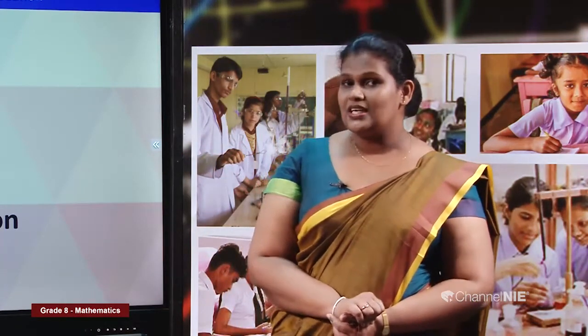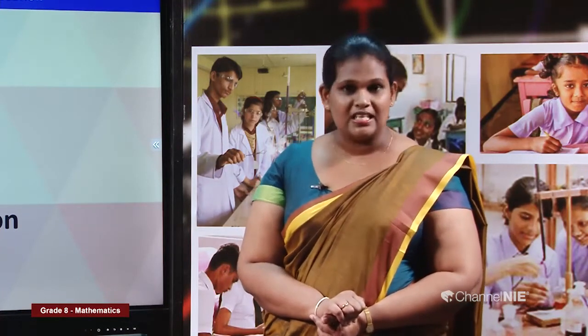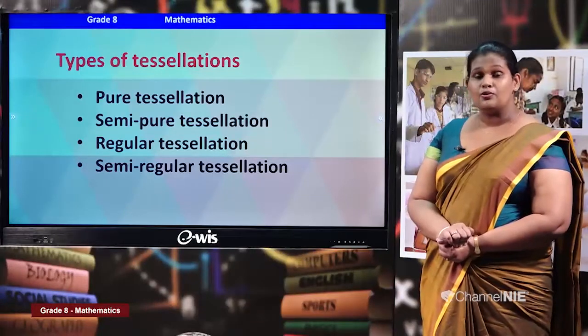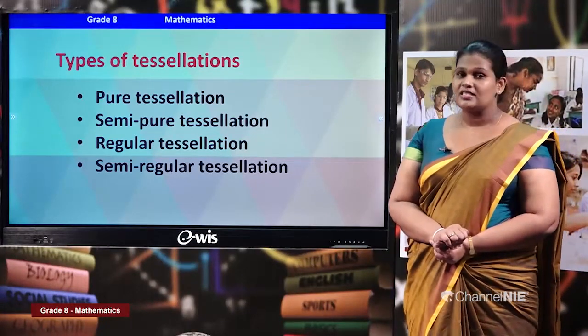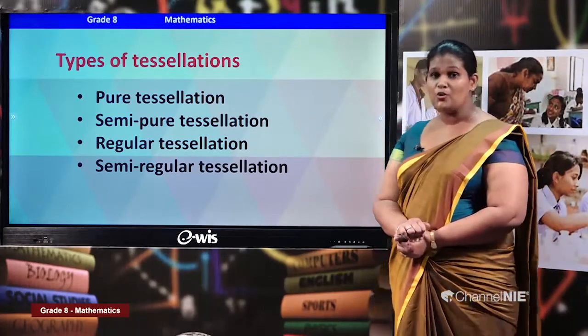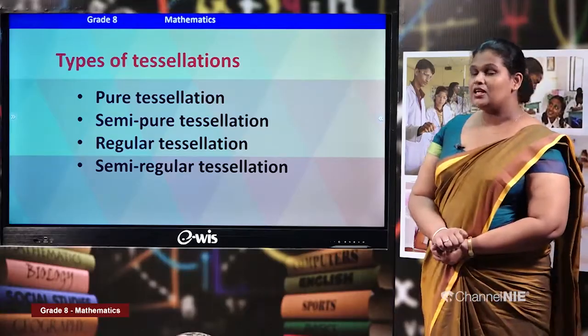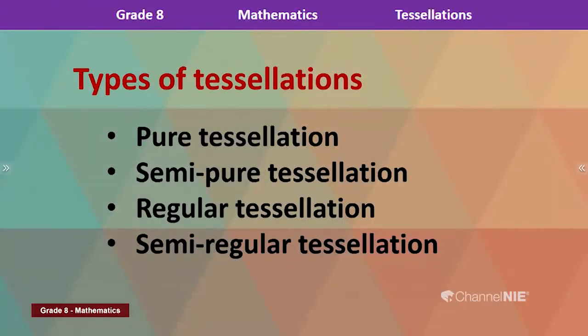So this year also we are going to learn on 2 types of tessellations. Those are regular tessellations and semi-regular tessellations. So up to now we are going to learn 4 types of tessellations. Those are pure tessellation, semi-pure tessellation, regular tessellation and semi-regular tessellation.